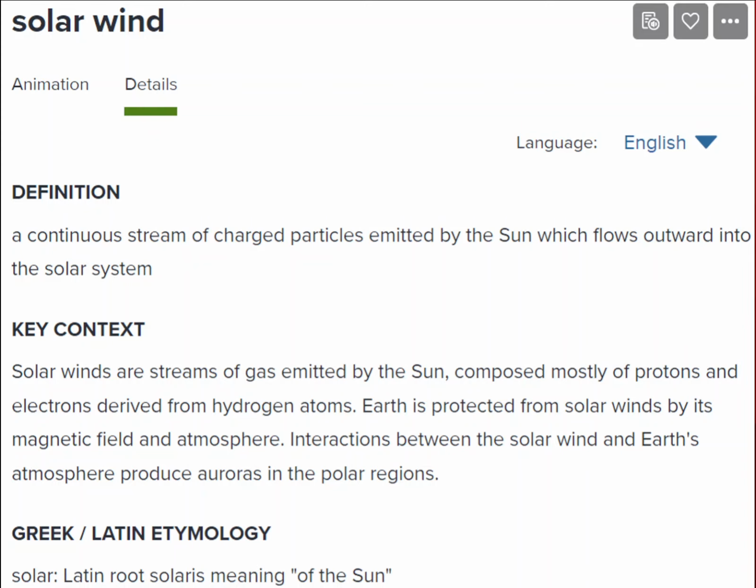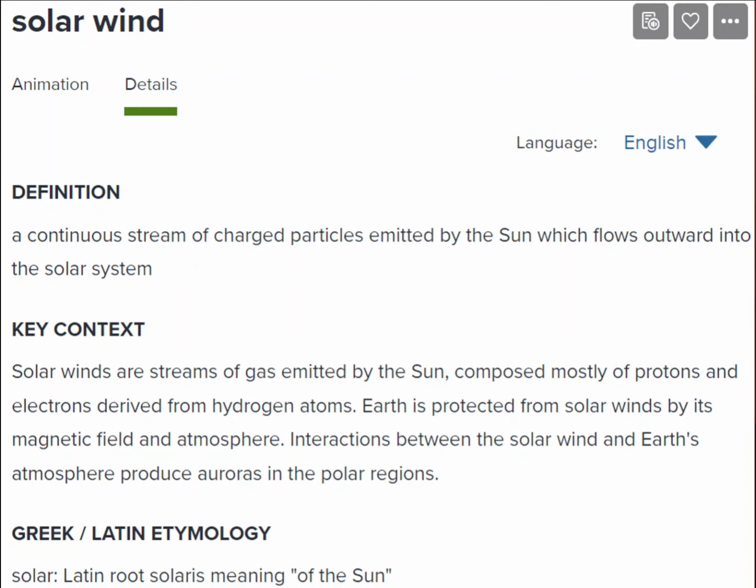Next definition: solar wind. Solar wind can be a difficult idea to understand, but a solar wind is a continuous stream of charged particles that are emitted by a star like our sun, which flows outward from the sun in all directions into the rest of the solar system.